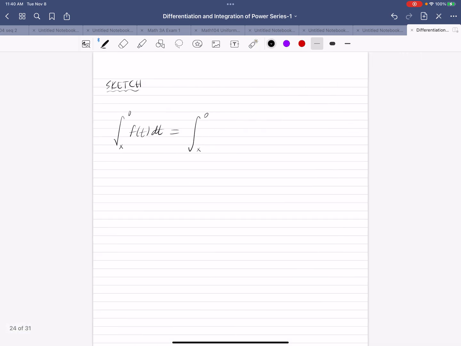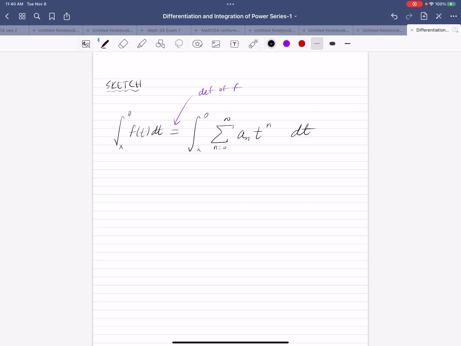So I have the integral of the sum a sub n t to the n, n from 0 to infinity, dt. Okay? So this is just by definition of f.